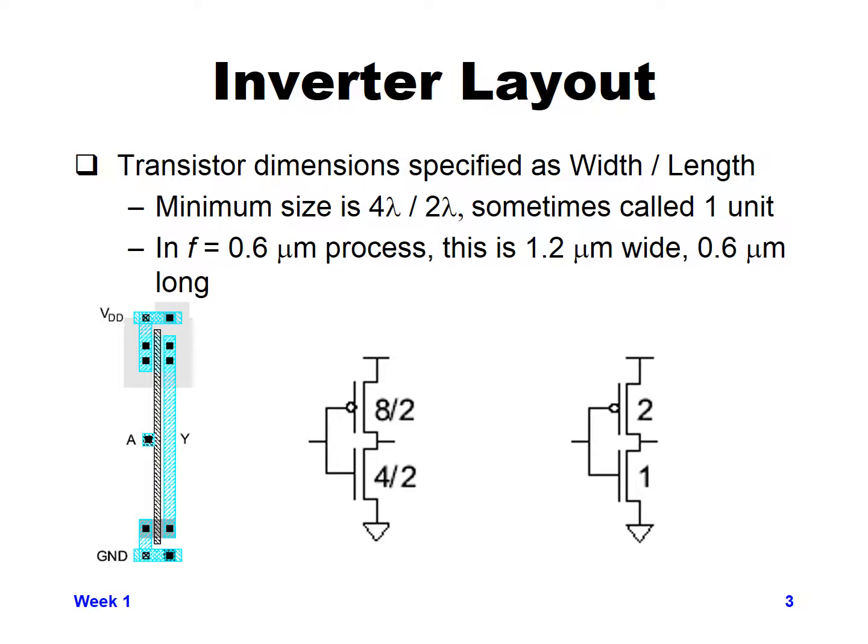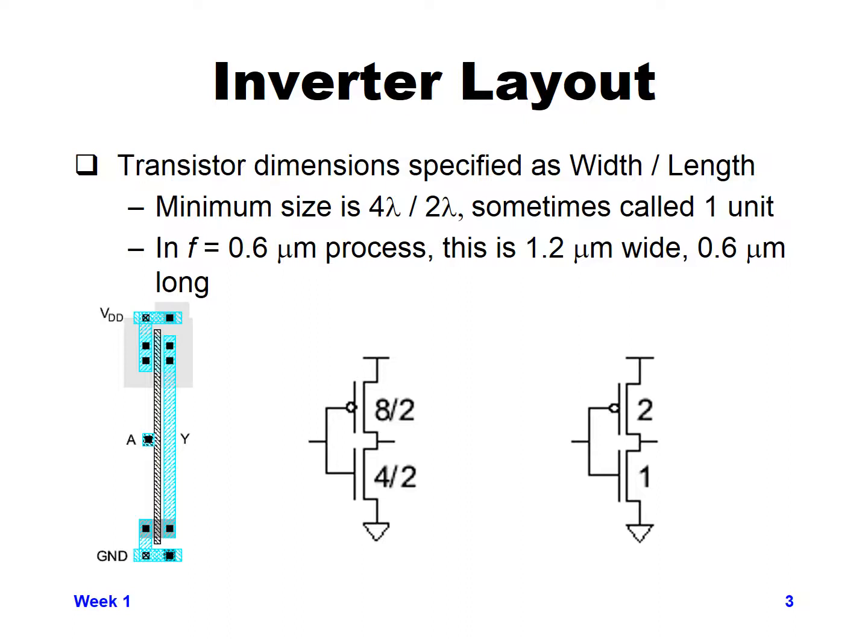The minimum feature size, as we talked about in a couple of the previous slides, is defined as the minimum length for the channel, which is the minimum width that we can make the polysilicon layer, and that's 2 lambda. In general, for many processes, the minimum feature size for the width of the transistor is going to be twice that. So it's going to be 4 lambda for the width and 2 lambda for the length.